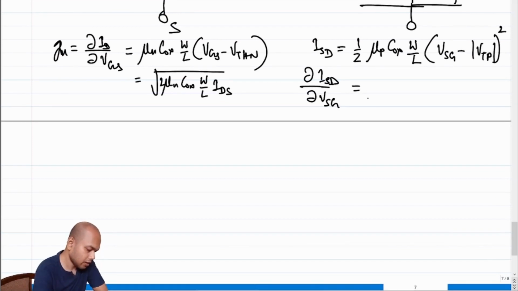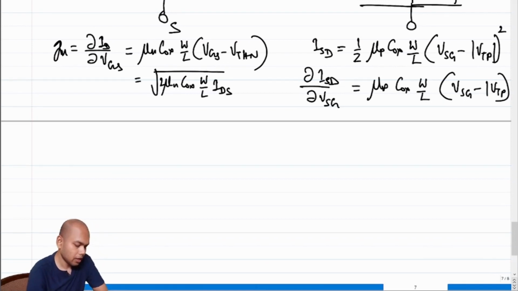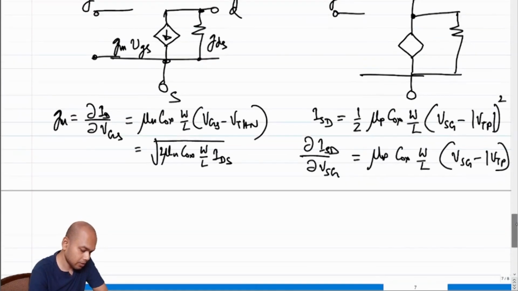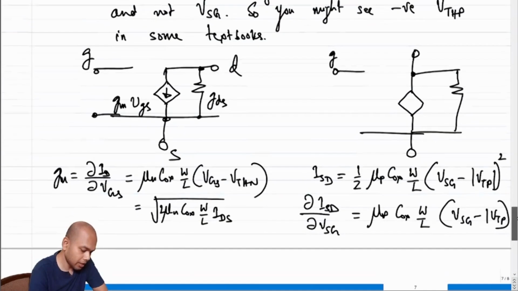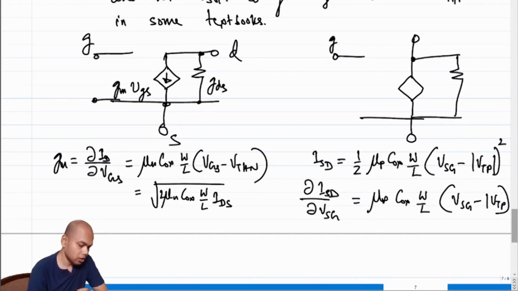We should get mu p Cox W by L times VSG minus VTP, correct? Okay, so this will be the incremental current between the source and the drain with respect to VSG, correct?